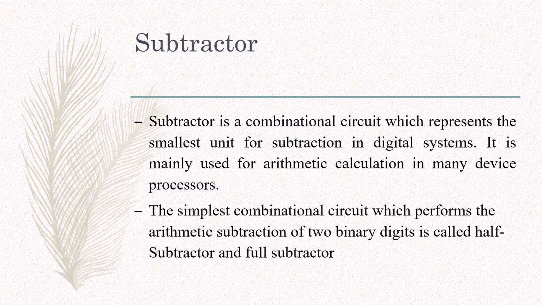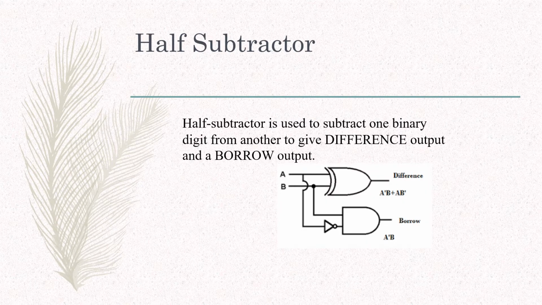First of all, we'll see the half subtractor. A half subtractor is used to subtract one binary digit from another to give a difference output and a borrow output. Here we have a half subtractor.